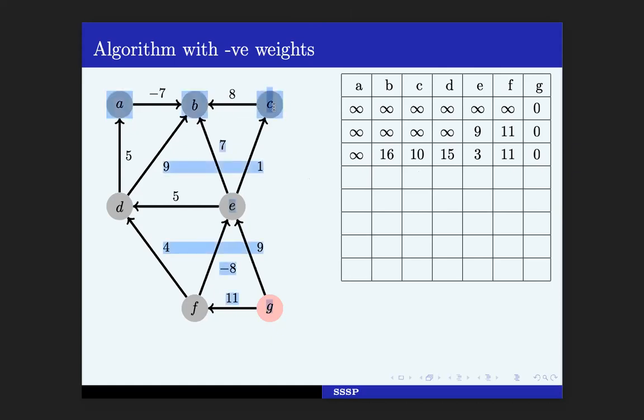So for G to C, either I could have gone directly in one step, which is infinity, or I could have gone through E. In that case, it will be 1 plus the previous E, so 1 plus 9 is 10. 10 is less than infinity, so this is 10. So this says that the shortest path from G to C by 2 steps is 10.